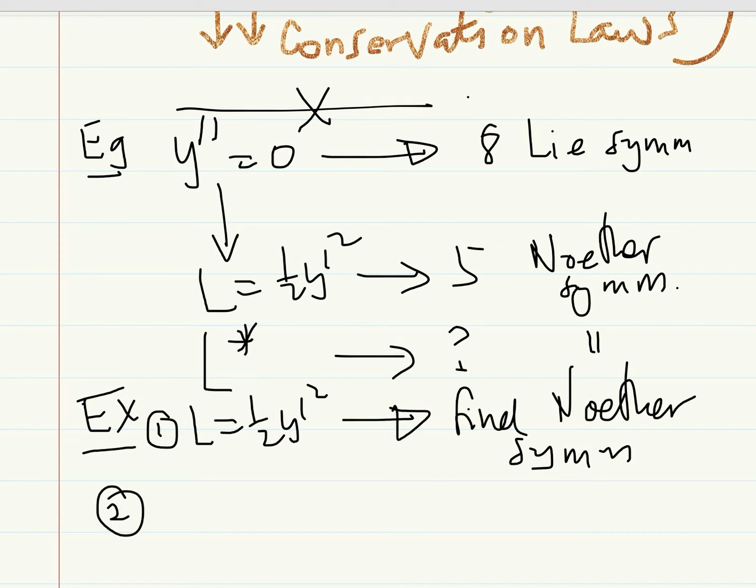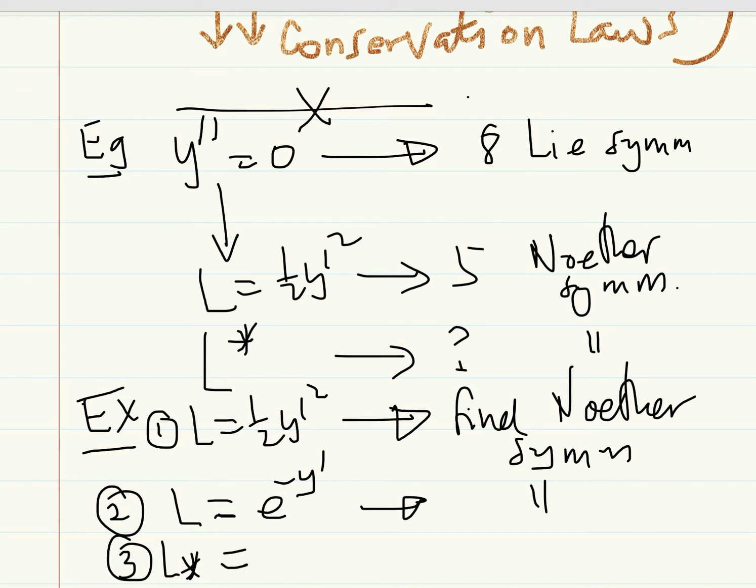And secondly, if you have a Lagrangian that is a Lagrangian for the same differential equation, find the Noether symmetries. It would be interesting if we go through that procedure to find the Noether symmetries associated with this Lagrangian, L star.